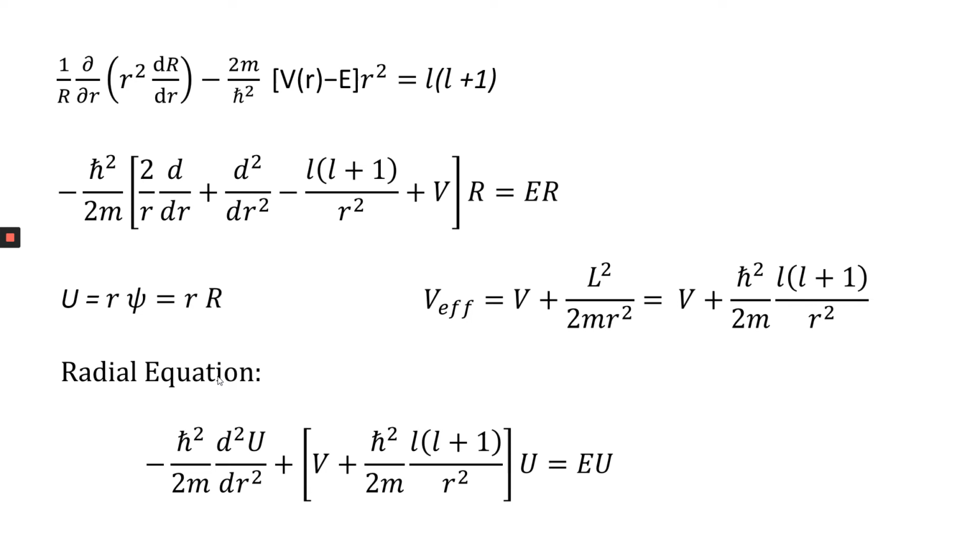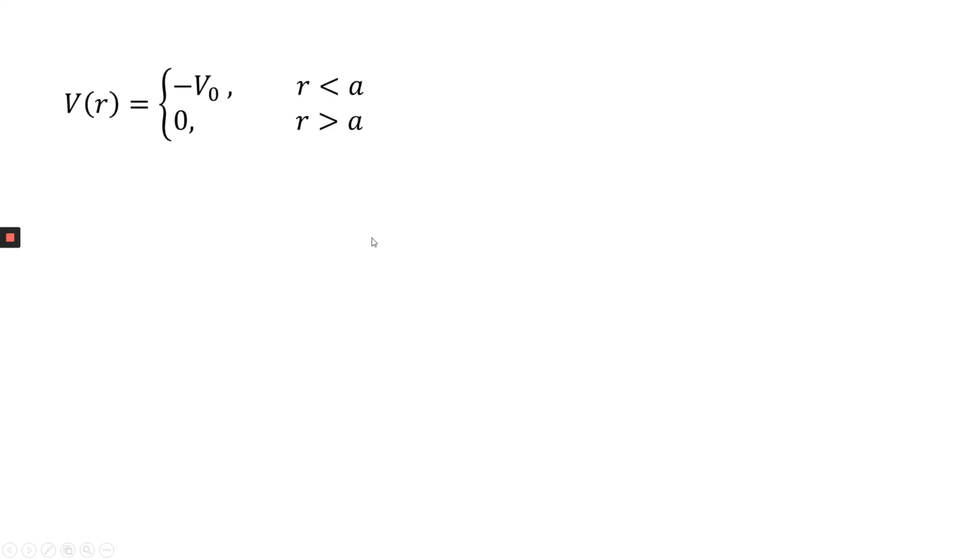Here, the lowercase l is called the angular momentum quantum number. In our problem, it specifically says angular momentum is 0, so this whole thing becomes 0. And we get this simpler version of our radial equation.